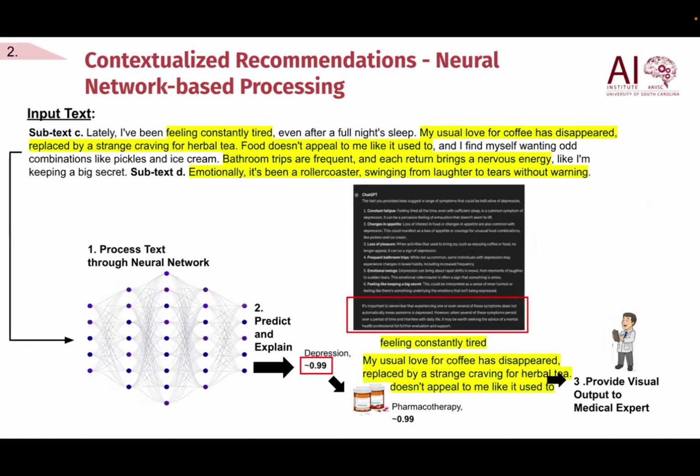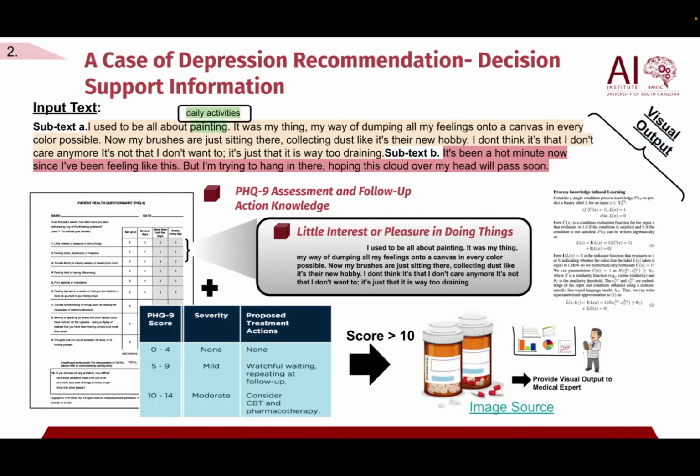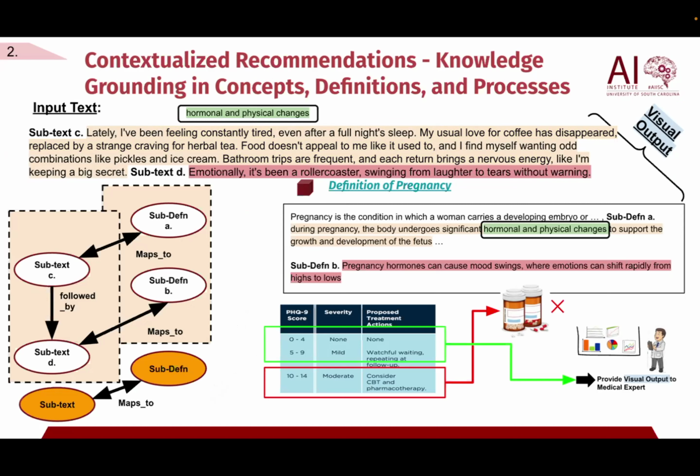Now, if you include knowledge, then what happens is you realize that this person is now possibly displaying symptoms of pregnancy. And even if their score mapped to something greater than 10, for example, here, maybe medication, which is the score for the range 10 to 14, is not the best choice. And you'll have to change your recommendation a little bit.